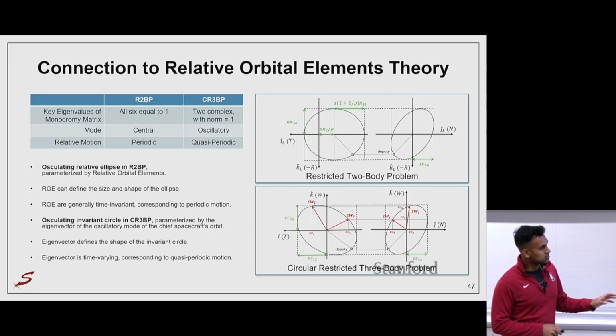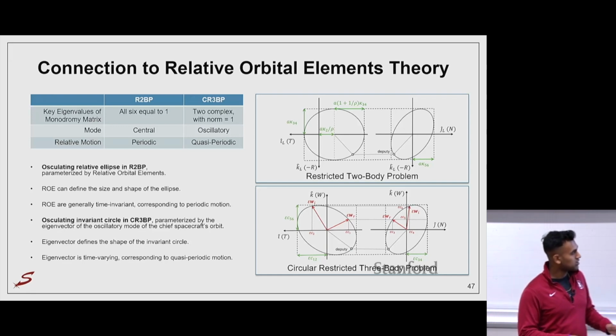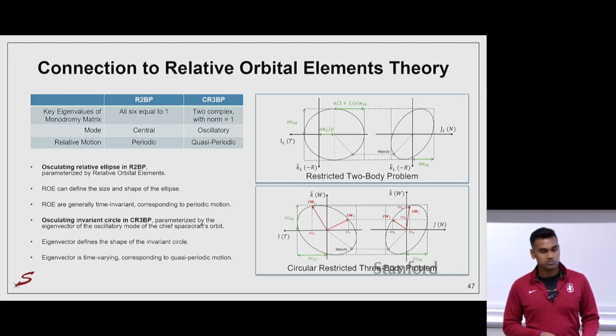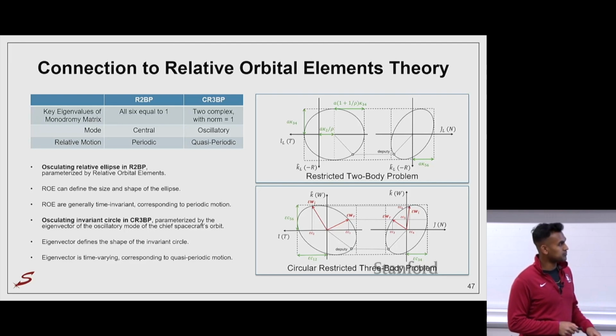Now let's look at a parallel, not exactly the same thing: the osculating invariant circle in the CR3BP, which is parameterized by the eigenvector of the oscillatory mode of the chief spacecraft's orbit.